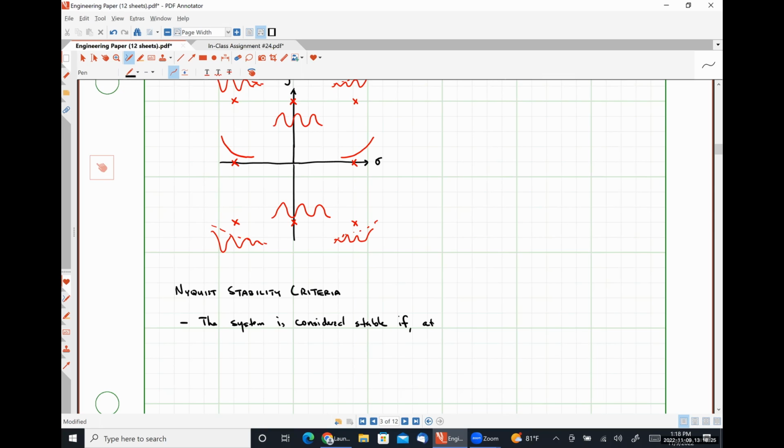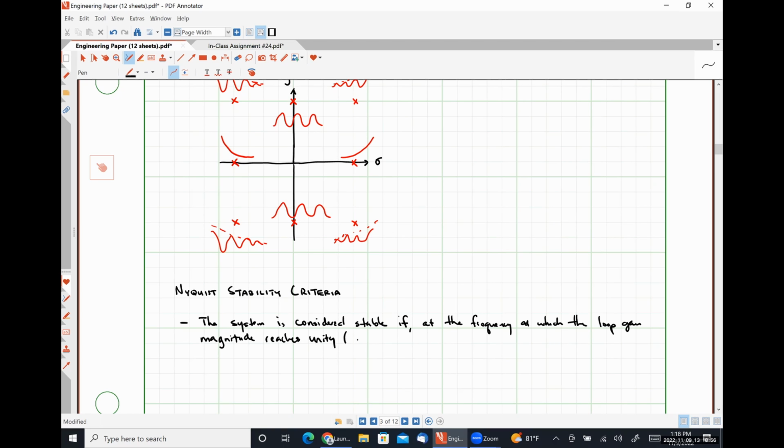at the frequency at which the loop gain magnitude reaches unity.